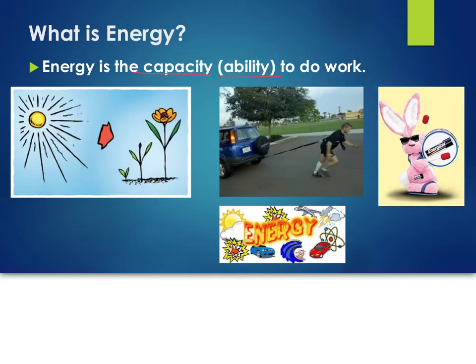So whether it's through photosynthesis, or this guy is pulling on a car trying to be the world's strongest man. Energize a bunny that keeps going and going and going. We're still all talking about energy. So again, energy is the capacity or the ability to do work. Without energy, then we cannot do work. Work cannot be done.